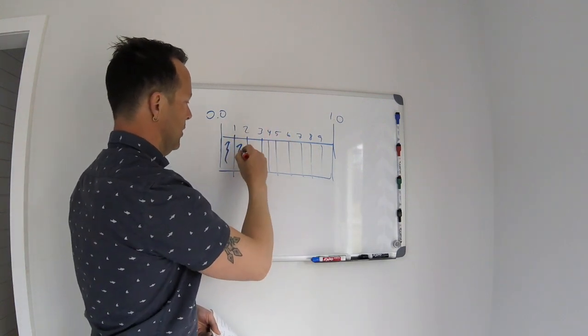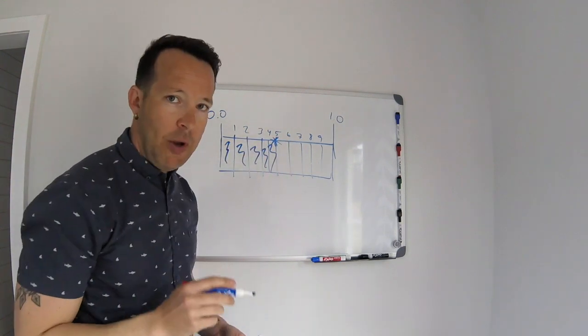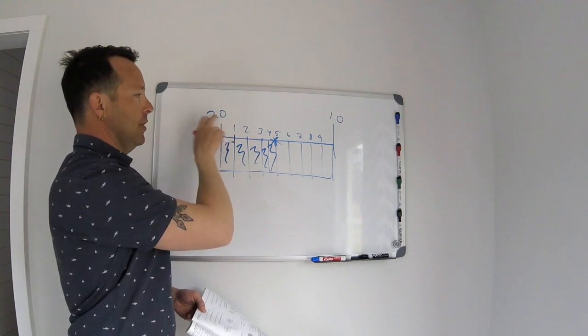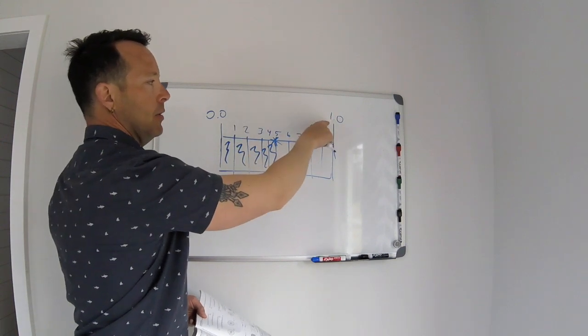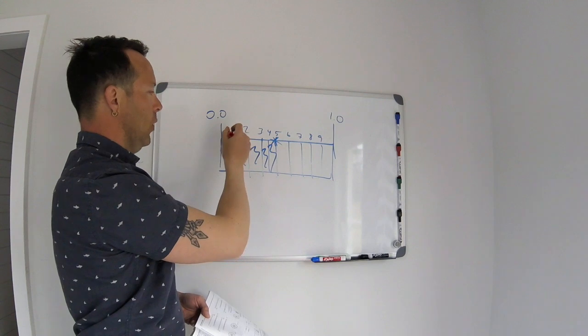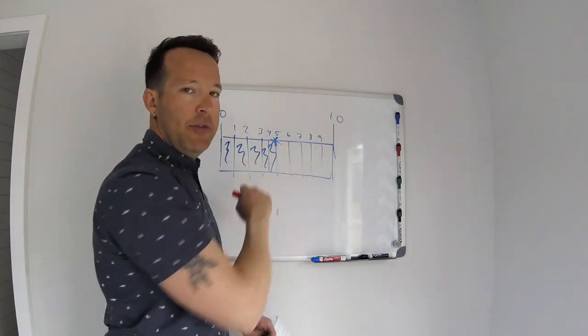So if I shade all these in, 0.5 would be there. Now remember, 0.0 to 1.0, all of these numbers are 0.1, 0.2, 0.3, and so on, until we get to one whole thing.